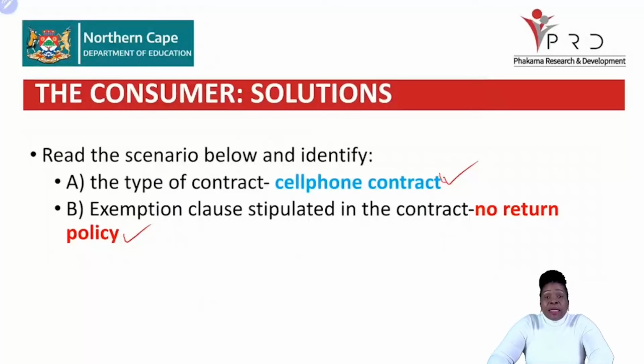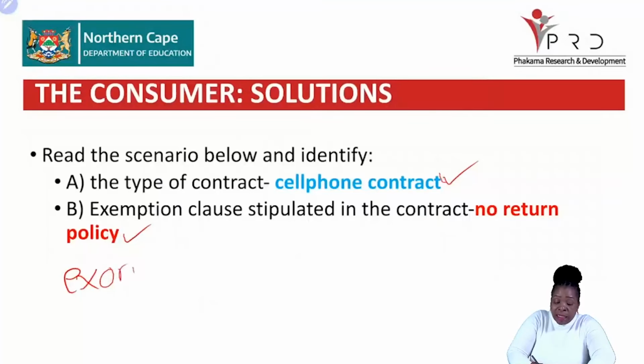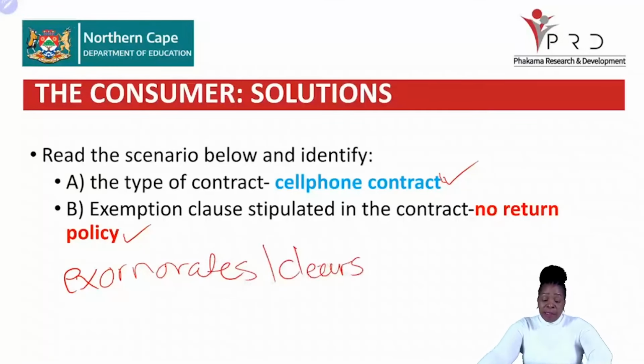An exemption clause exonerates, or clears, the other party of any liability. So the example here of an exemption clause is the no return policy.